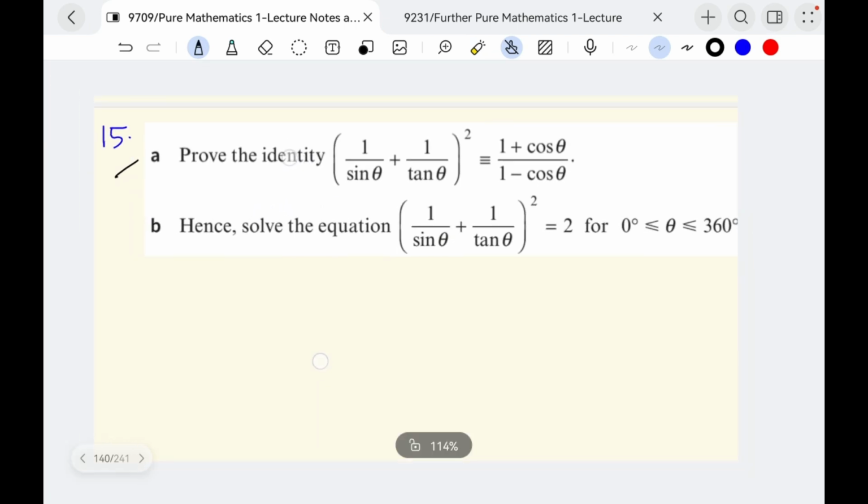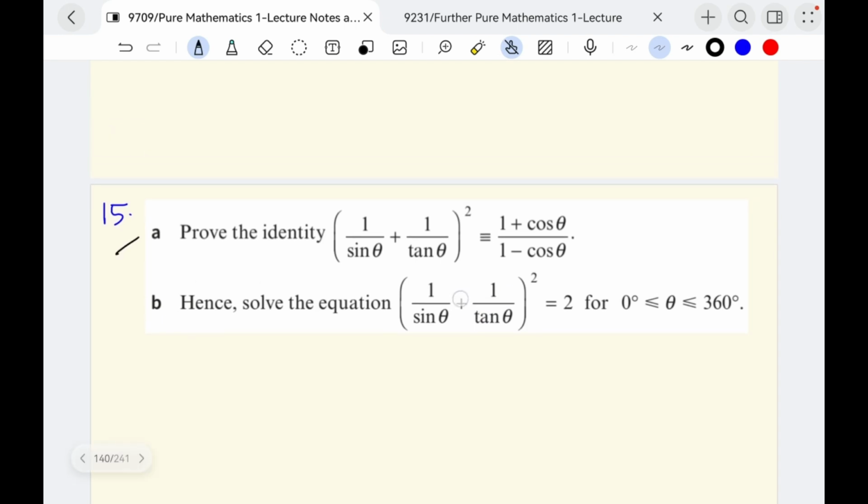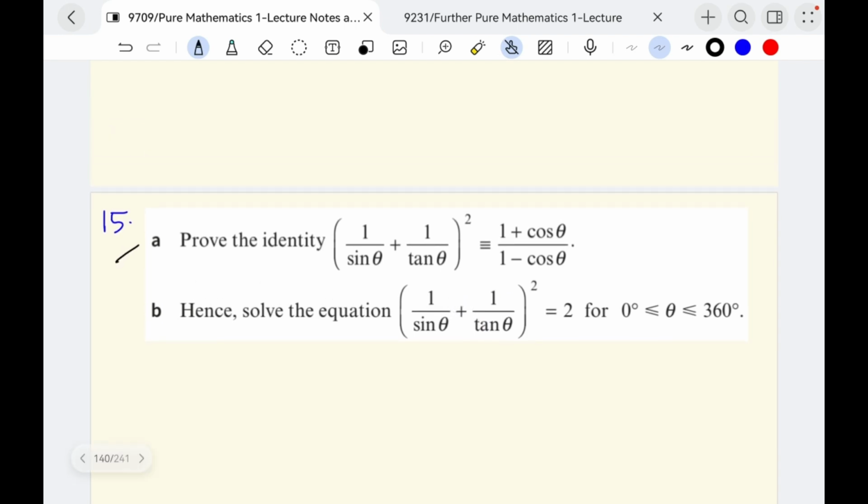This question is about proving trigo identities. In the AS syllabus, when you are taking the pure maths paper 1, when dealing with trigo identities you can only use the two identities that you have learned from your AS syllabus, which are sine squared theta plus cos squared theta equals 1 and tangent equals sine over cos.